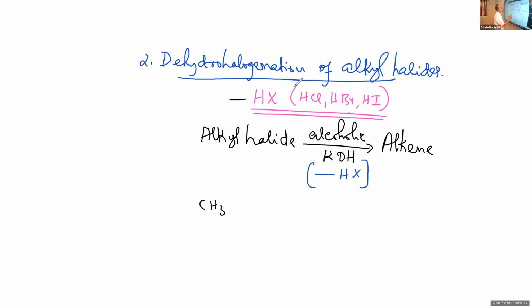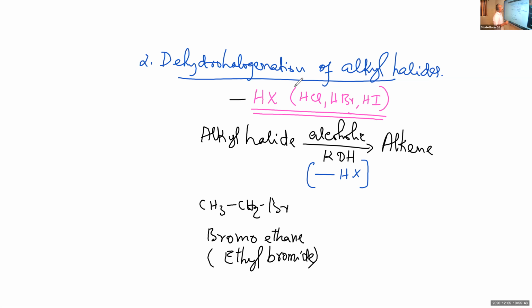CH3CH2Br. This compound is bromoethane, which is the IUPAC name, or we can call it ethyl bromide.